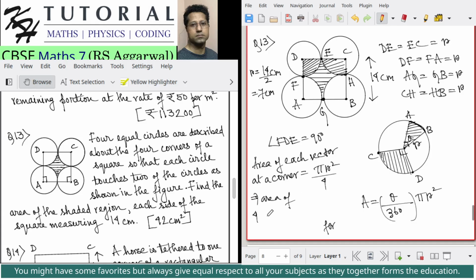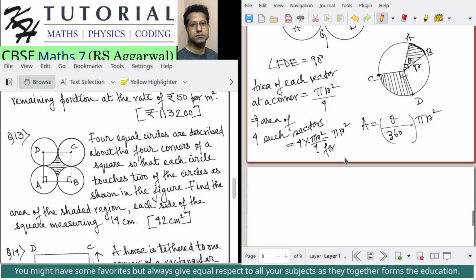Okay. So this implies, since there are four sectors, the area of four such sectors will be equal to 4 multiplied by pi r squared by 4, which is eventually pi r squared. So all these four sectors, if you sum them up, will become a whole circle. So the area of all the four sectors at the four corners of the square is pi r squared, where r we have found to be 7 centimeter.